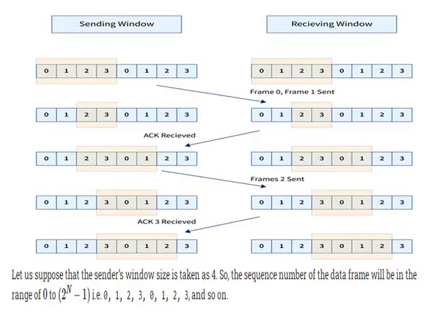The sender's window size is 4 and the receiver's window size is also 4. So we are sending frames 0, 1, 2 and 3, and the receiver's window receives the 0th frame. After receiving the 0th frame, it sends back the acknowledgement for the 0th frame. After receiving the acknowledgement for the 0 and first frame, the sender sends again 0 and first frame.